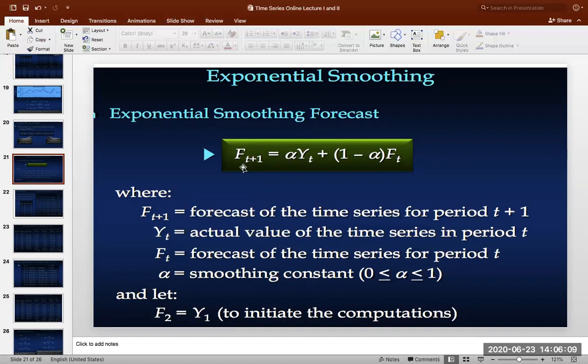If you are looking for year 2021, this one will be the actual value for year 2020, and this one will be the forecast value for year 2020. And then you use that to calculate the forecast downwards. This smoothing constant will be given and it must lie between 0 and 1.